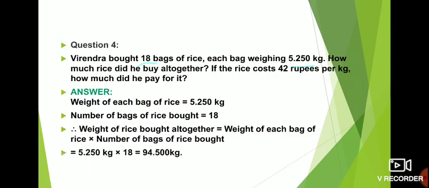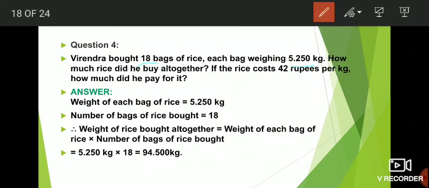Total he bought 18 bags and weight of each bag is 5.250. After multiplication we will get the answer 94.500 kg, means he bought 94.500 kg of rice, and 1 kg of rice cost is 42 rupees.